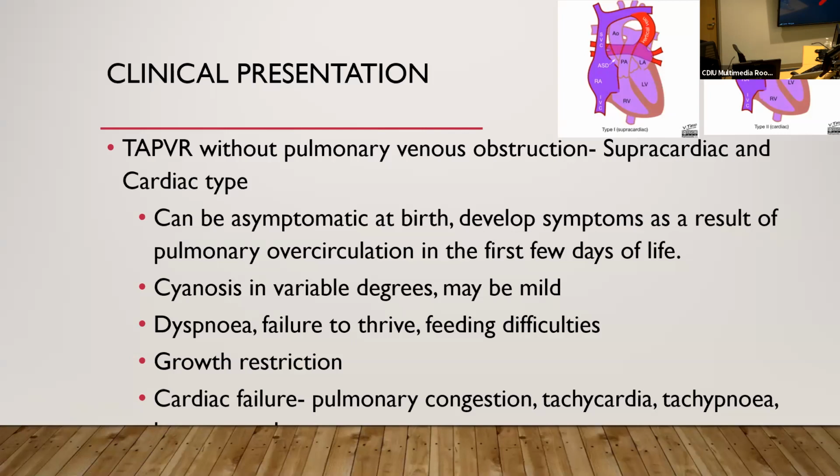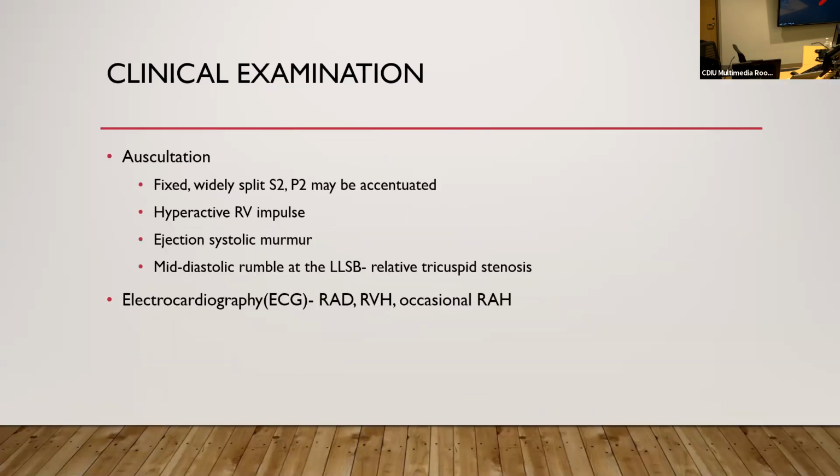And then they can present in cardiac failure as well, where they have pulmonary congestion, tachycardia, tachypnea, hepatomegaly on clinical exam. So that was clinical presentation. And on clinical examination, on auscultation, they have a fixed and widely split S2. They may have a P2 that is accentuated. They have a hyperactive right ventricular impulse, and they have an ejection systolic murmur.